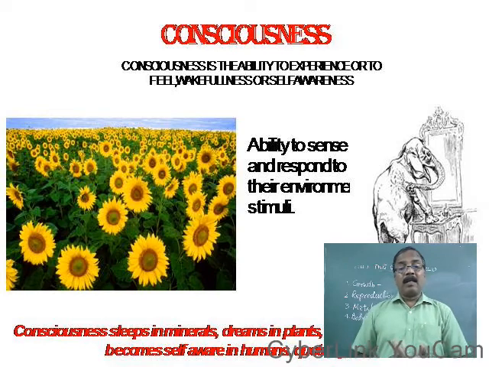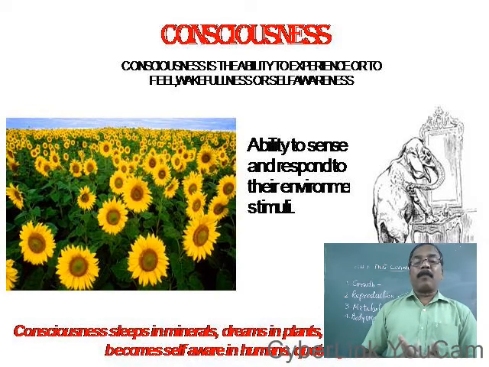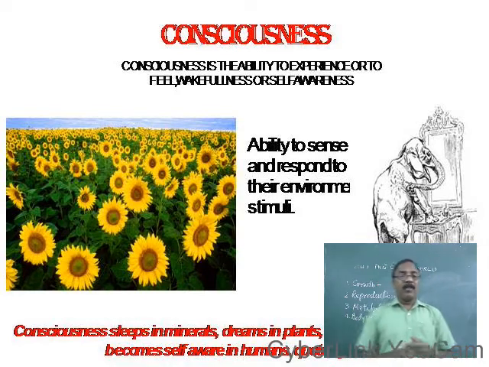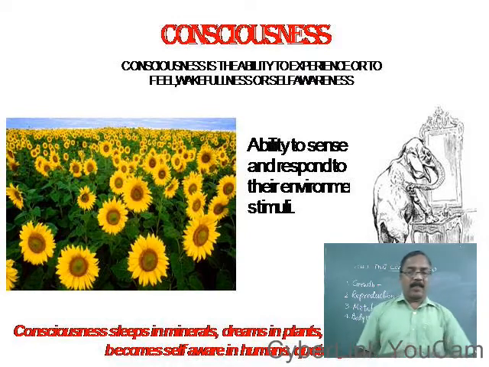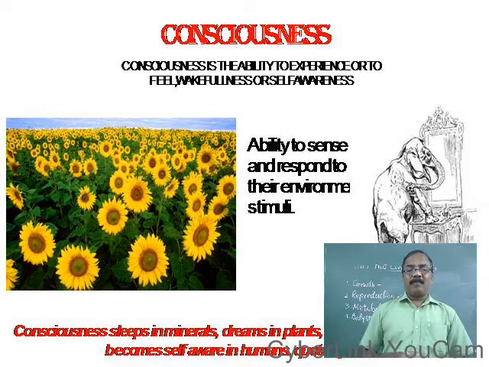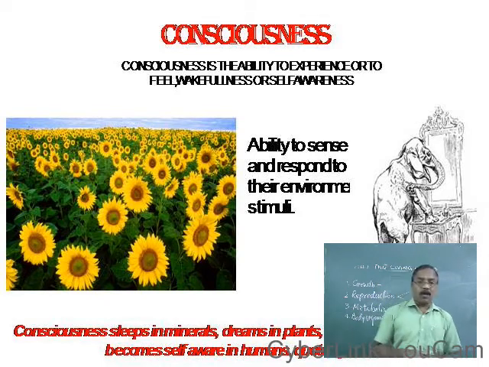Then difference in reproduction. Reproduction is a characteristic property of living organisms. Third, we have studied metabolism. Fourth is consciousness. You can make the list still longer. We have identified these first. It will take hours to explain all these characters. So you can note down and list out these characters, what makes them different from non-living things.